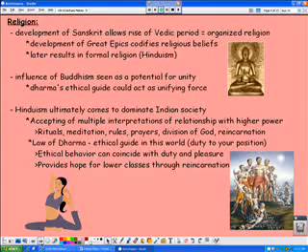We can find some of the earliest characteristics of Hinduism as far back as 6,000 or even 8,000 years ago.